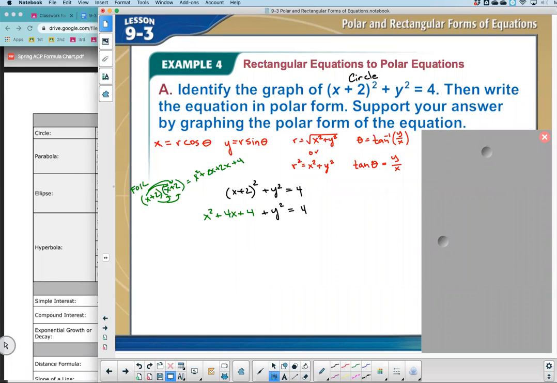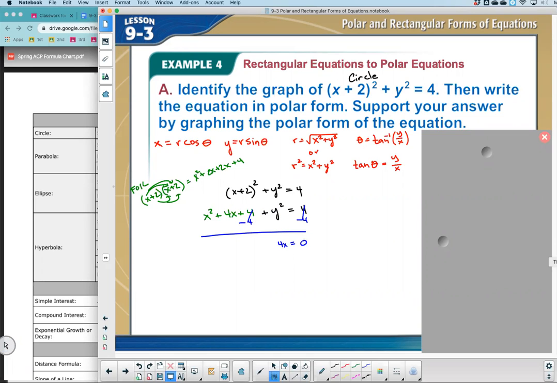Now I've kind of combined some terms already, 2x plus 2x is 4x, but I'll subtract the 4's across. And I'll move the 4x over here. I notice I have an x squared plus a y squared.